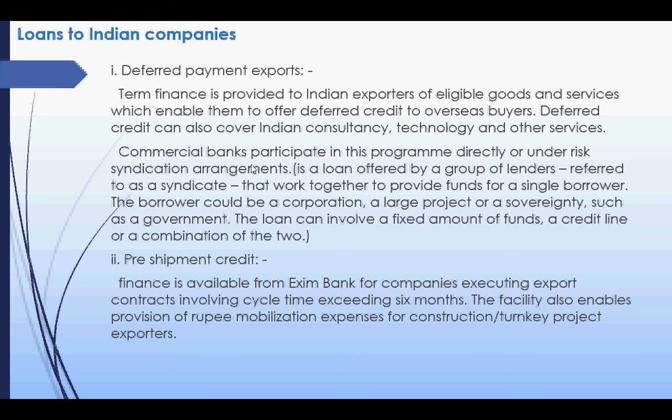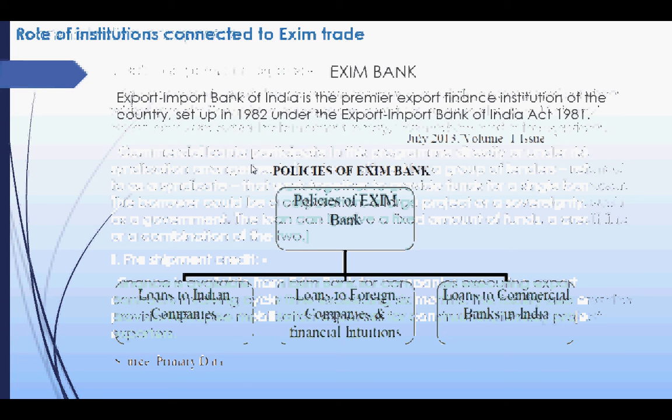Okay, the remaining things, loans to foreign companies and foreign institutions and loans to commercial banks in the country in order to promote exports, all those remaining concepts could be studied in the next class.